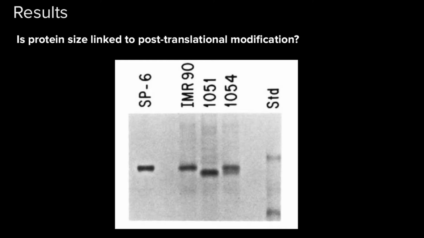This is due to the fact that even though 1051 and 1054 were synthesized in a cell-free environment, they still were truncated, which can be explained by the fact that they are smaller in size, allowing them to travel further in the gel.